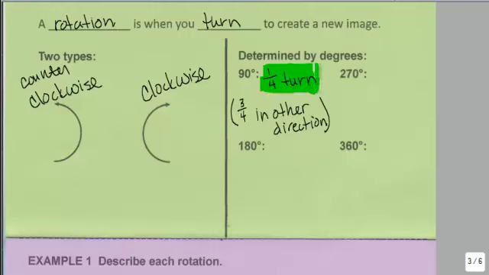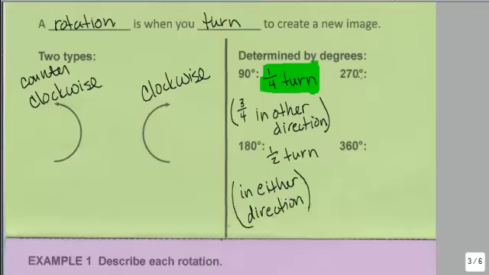And most of y'all should know that 90 degrees you turn a quarter to get there. 180 is a full half turn. You turn halfway around. And it doesn't matter which direction, 180 will always be a half turn in either direction. So if it says 180, it does not matter in which direction you move.